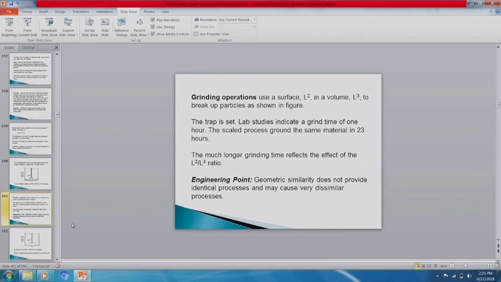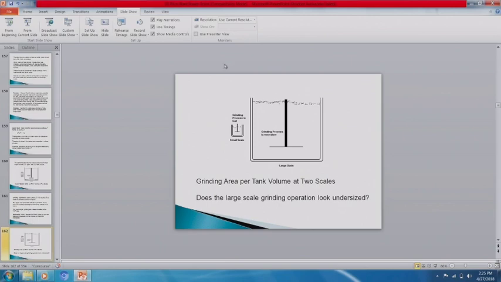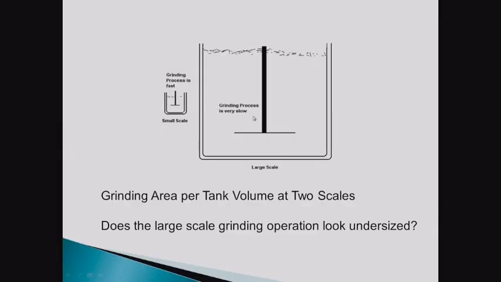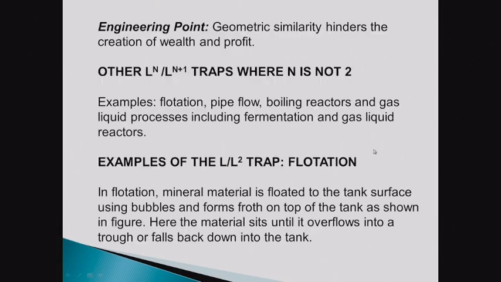Trap set. This is actually one of my former students, right? He had a grinding operation that worked fine on a small scale. So he had this thing right here working really, really well.